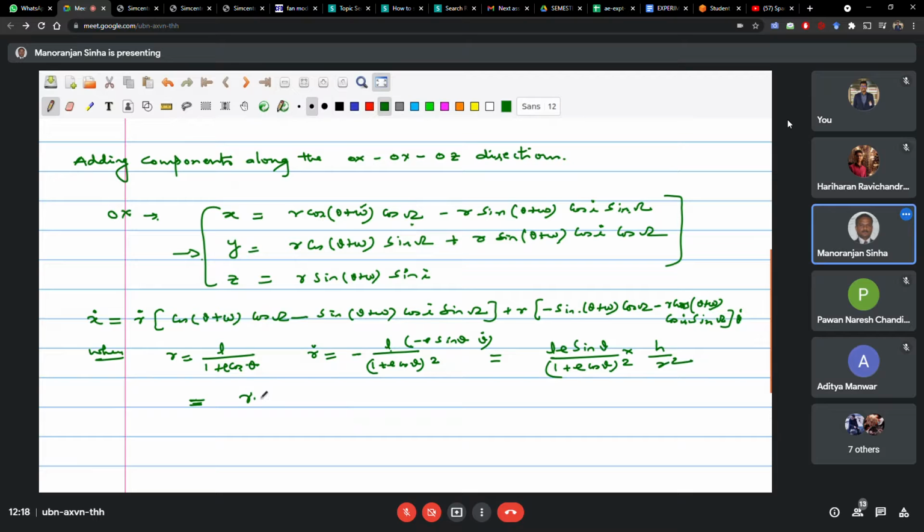So we remove that, then e sin theta is divided by r times 1 plus e cos theta is L. So therefore r dot is known to us.